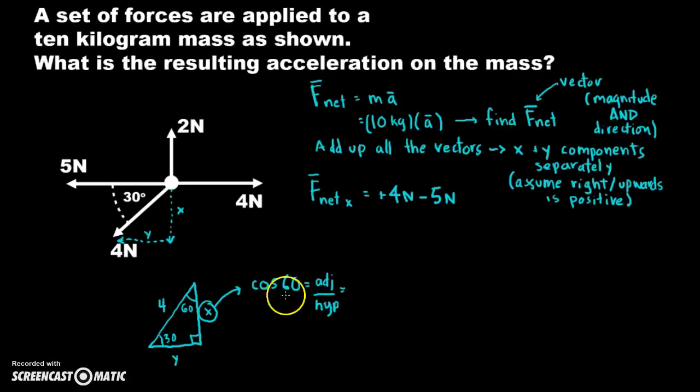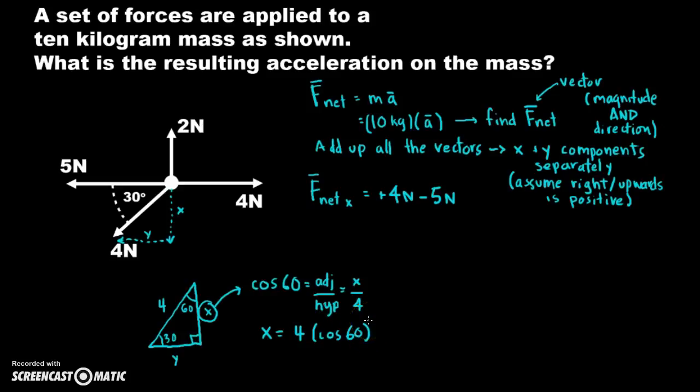And so in this case, that would be equal to my x all over my 4. If I solve for this, I would find that my x component is equal to 4 times cosine 60.